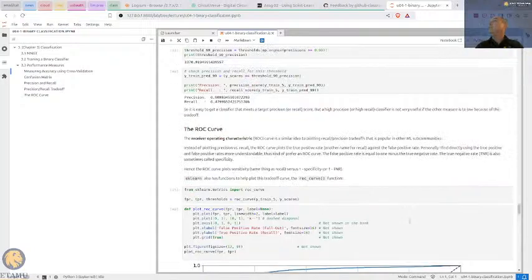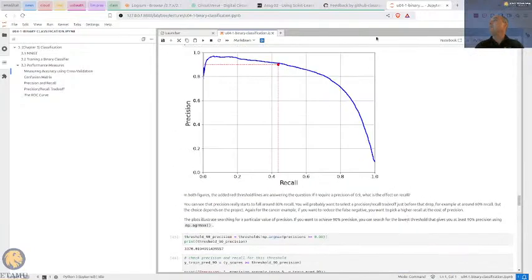So for both of these, basically, a better model is one that has more area under the curve, right? So this might be a logistic regression model. If I built a support vector machine model, it might have more area under the curve. So it might look up there, right?